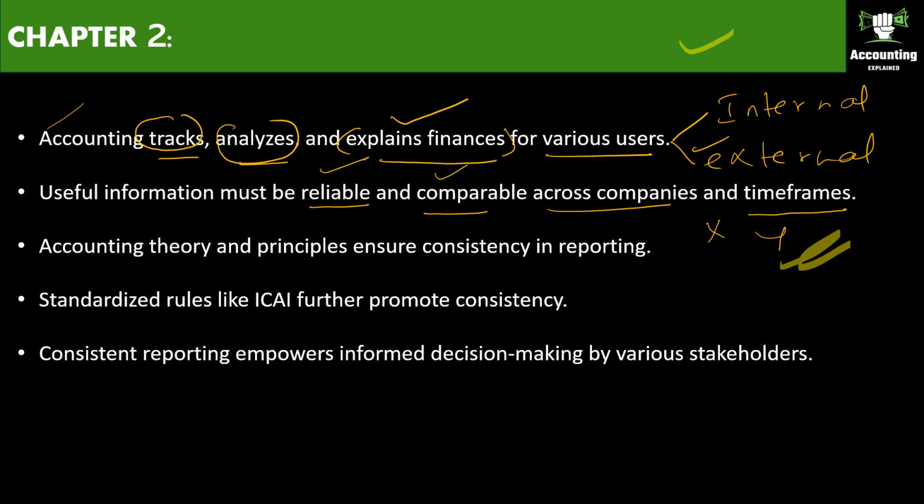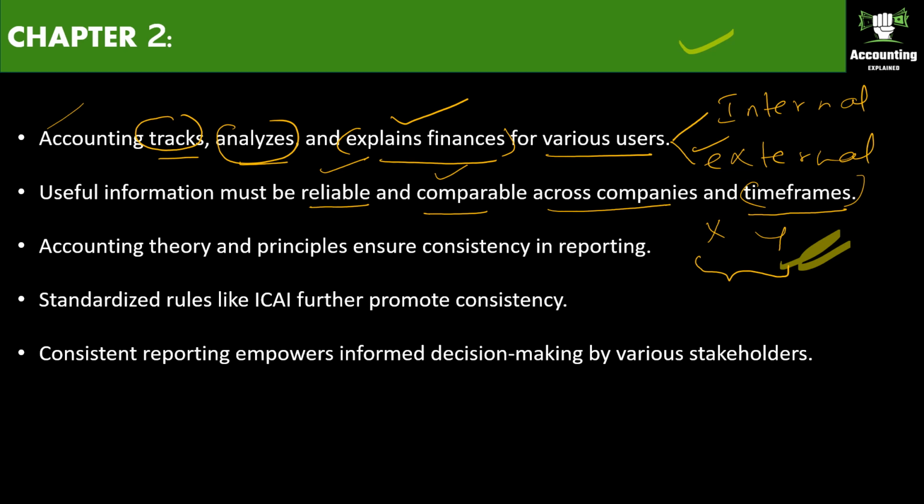We should be able to compare them easily with the financial data available. So there should be some standard procedure for comparing. We cannot just compare the numbers. Okay. And time frames. Time frames means comparing one quarter with another quarter, half yearly with another half yearly, or one year with another year.